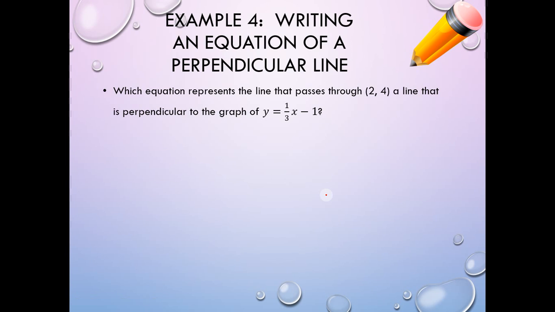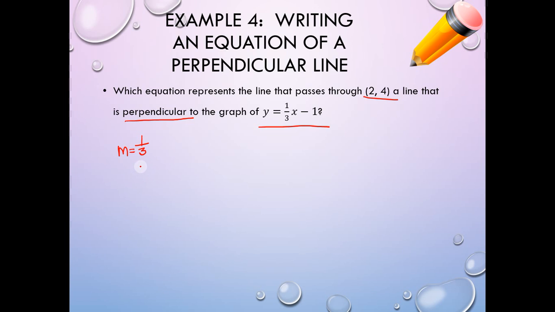Last one, writing an equation of a perpendicular line. So this one, they gave us a line that passes through (2, 4). I need to be perpendicular to the line y equals 1/3 x minus 1. So unlike last time when it was parallel, I can't just steal the slope. So my slope was 1/3. I can't just steal that 1/3 and go on.